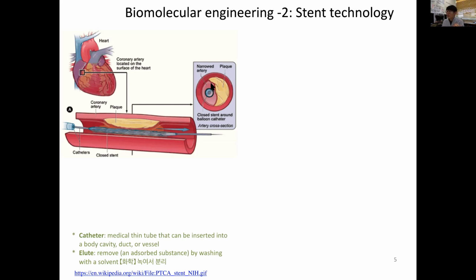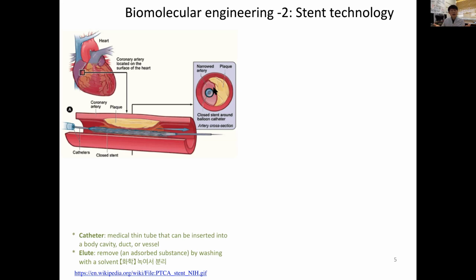So when the lumen is narrowed down, it's harder to push the blood through, so it's hard to supply oxygenated blood to the heart. This is causing a big problem. Not only that, you can see the narrowed vessel and plaque, and this narrowing can cause angina in the patient.